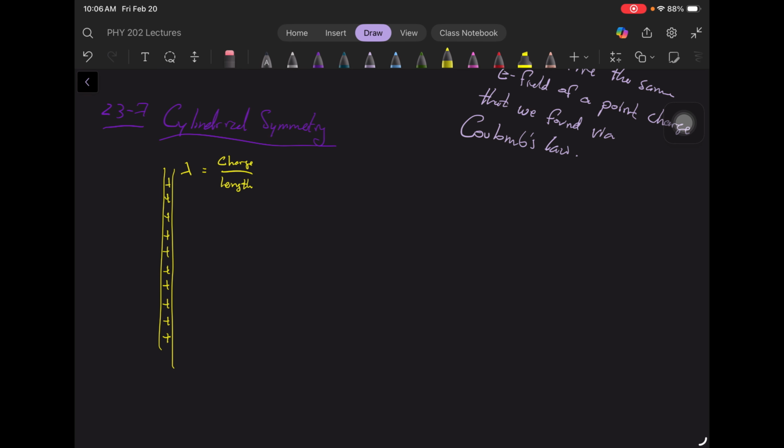Okay. And so, as we briefly said, the electric field will be pointing straight out from all these charges.